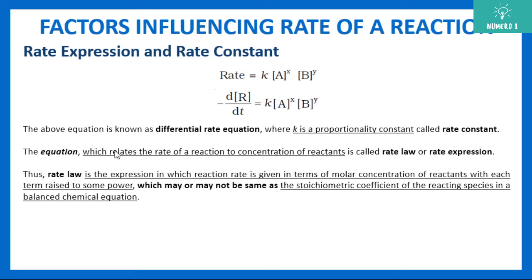Now, the equation relating the rate of reaction to the concentration of reactants is given by the rate law. Sometimes we refer to it as the rate law, or we call it the rate expression.